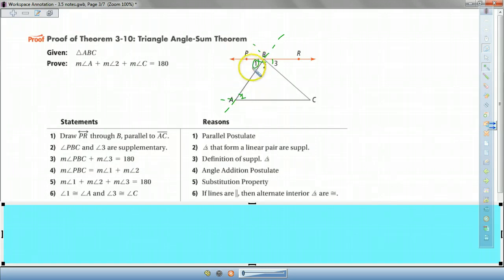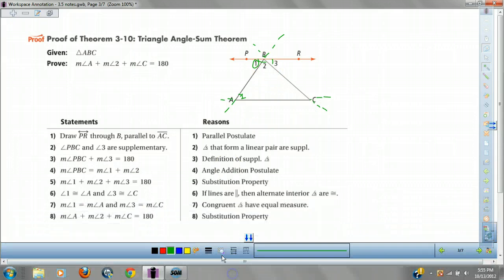See how these are alternate interior angles? And then over here, we have, here, I'm going to do this. And then we're going to say 3 will match up here because your alternate interior angles are congruent.